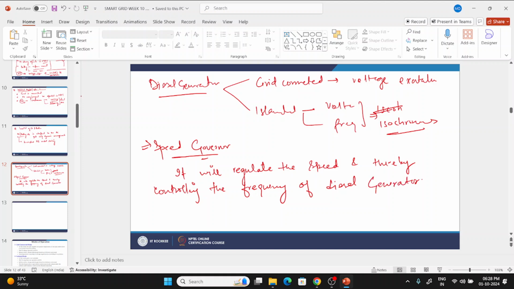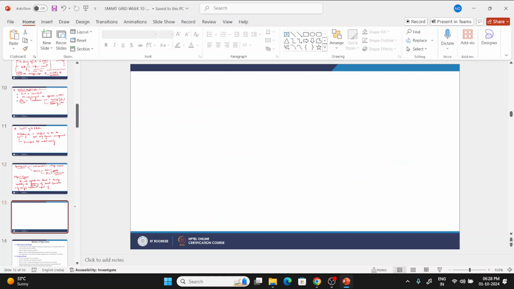And how can we control the speed? By changing the mechanical input of the synchronous machine rotor. In this way we can control the frequency. But if you want to control the voltage, we have to control the excitation system.